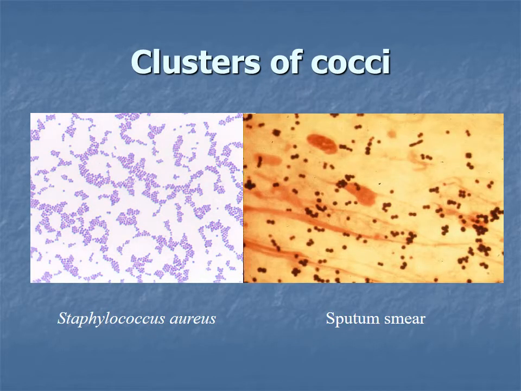And clusters of cocci: on the right photo are staphylococci from patient's material, and on the left you can see staphylococci stained by gram staining in pure culture. It means only one type of bacteria, one genus, species of bacteria.